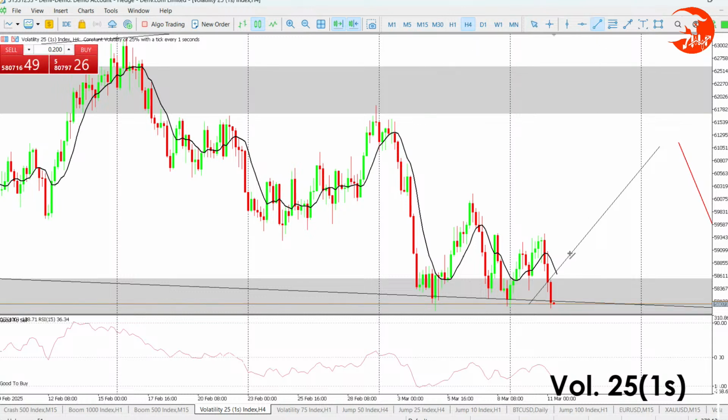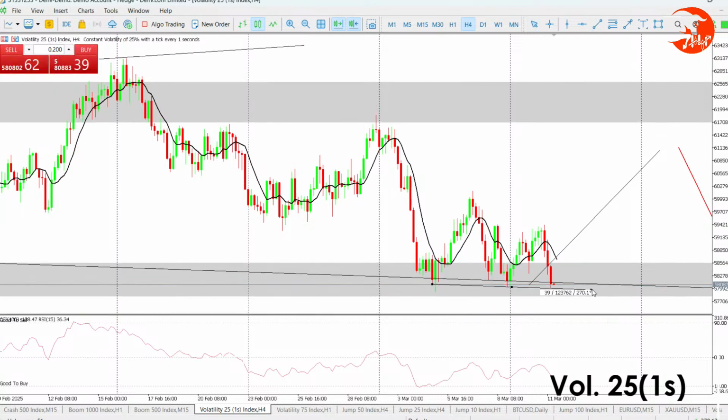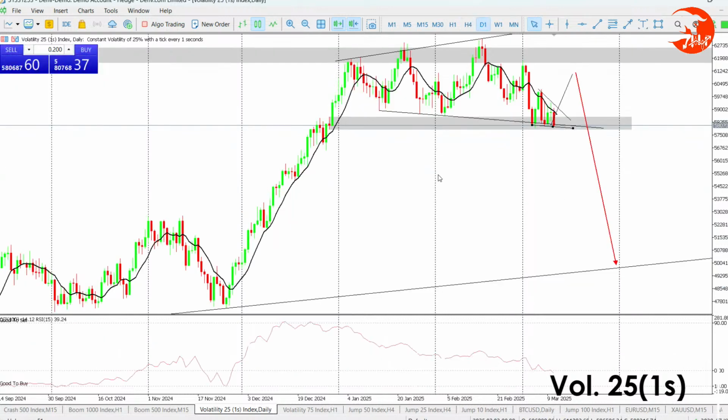Alright, so this is what we also see. That will be a descending triangle. That would be a descending triangle.